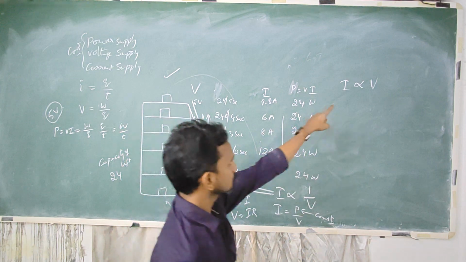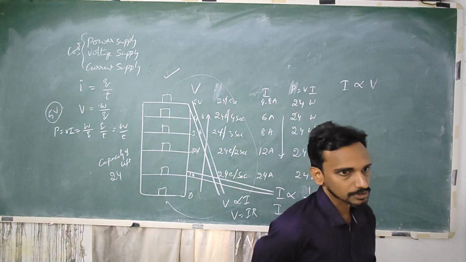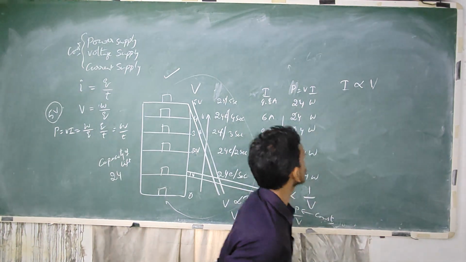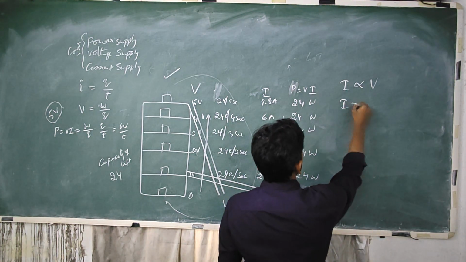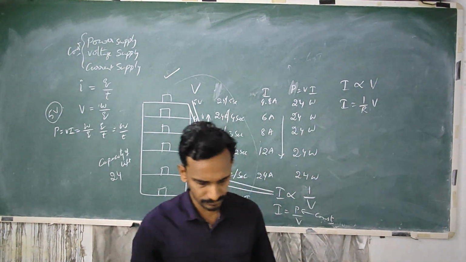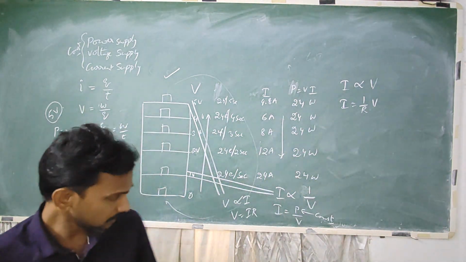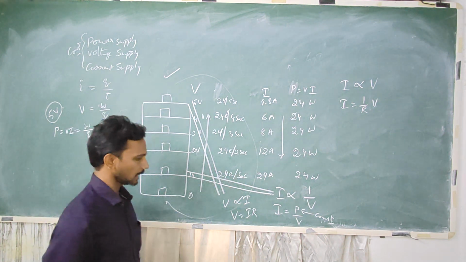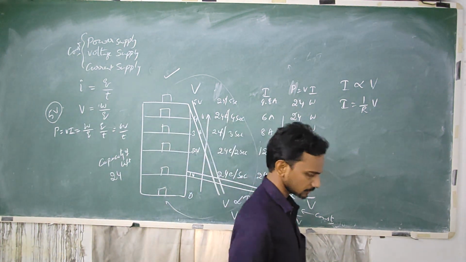So what is the equation? I is proportional to V, and the proportionality constant is 1 by R. In this story, when they are trying to come back, what is the control parameter?